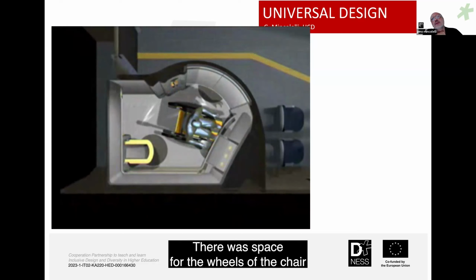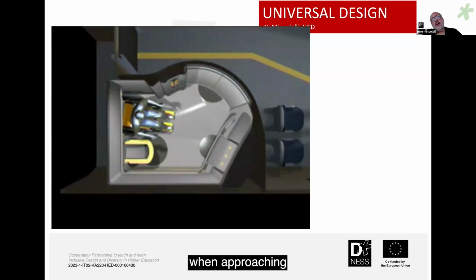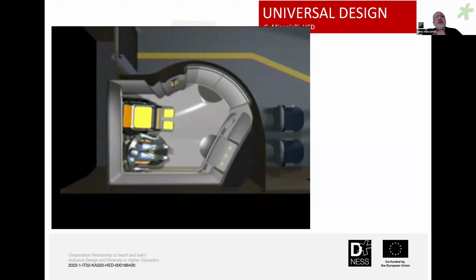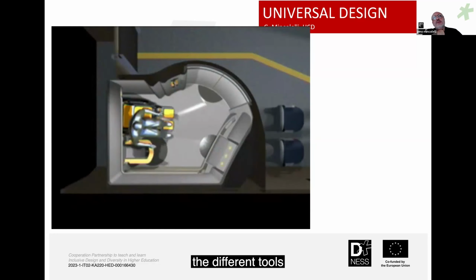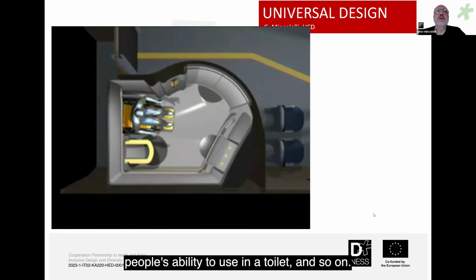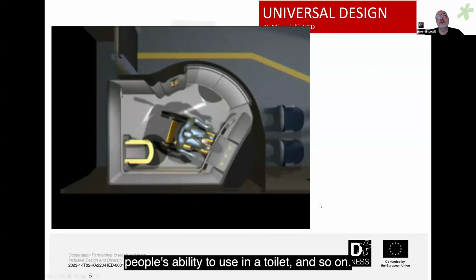There was space for the wheels of the chair when approaching the different tools you have the possibility to use in a toilet and so on.